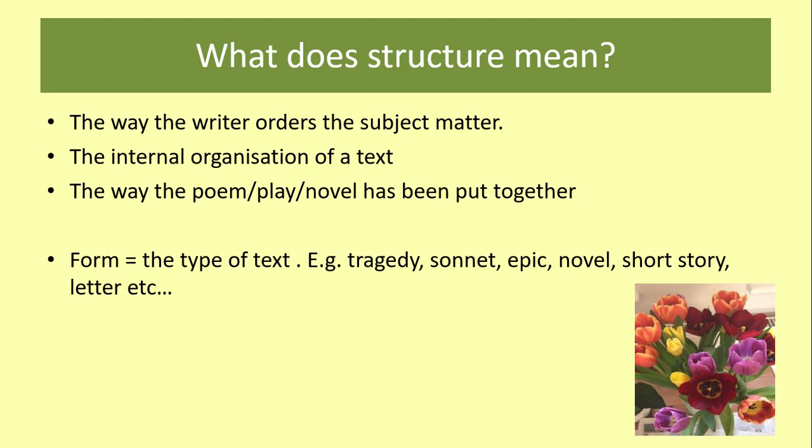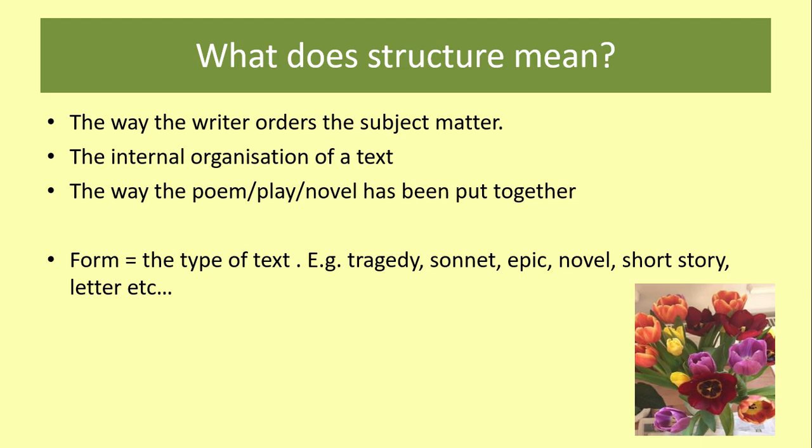The other thing that you need to look at in terms of AO2 is form. Now often form and structure are very closely linked. So for example, you might get a poem that's a sonnet, and the form of that sonnet takes the form of a 14-line poem with often quite a structured rhyming scheme that usually follows iambic pentameter and so on.